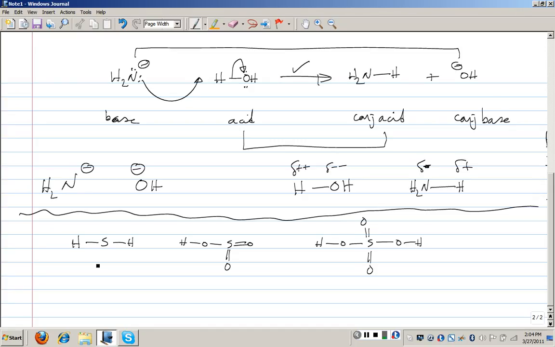So this is H2S, hydrogen sulfide, H2SO3, sulfurous acid, and H2SO4, sulfuric acid. And I'm asking which of these is the strongest acid, or to rank these in terms of increasing Ka values.